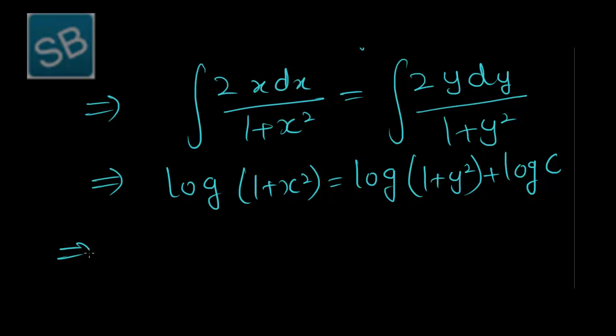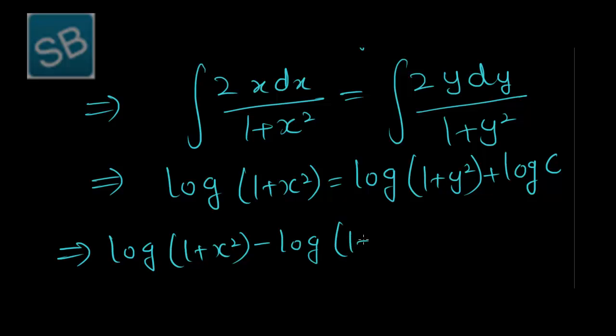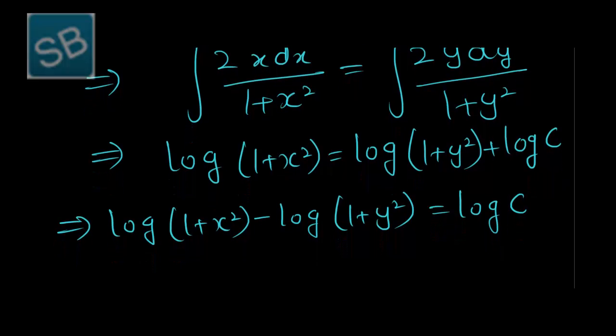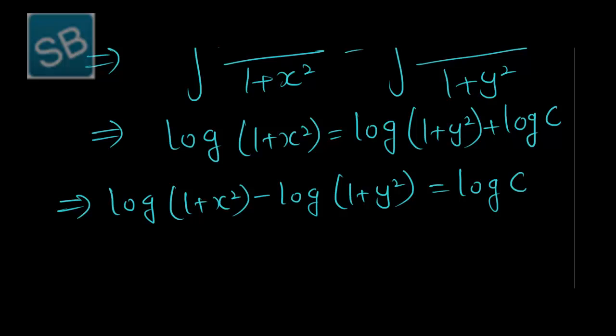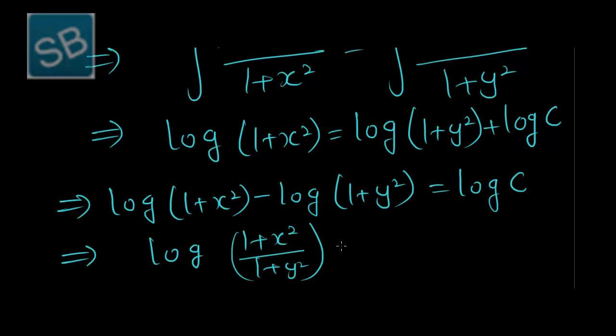So we get log of 1 plus x square minus log of 1 plus y square is equal to log c. So log m minus log n is equal to log m over n. Therefore we get log of m over n is equal to log c.